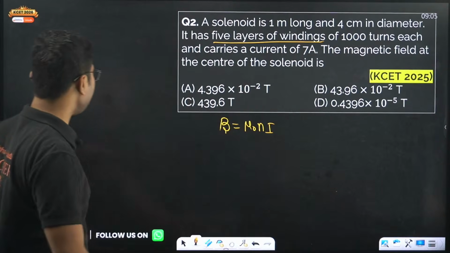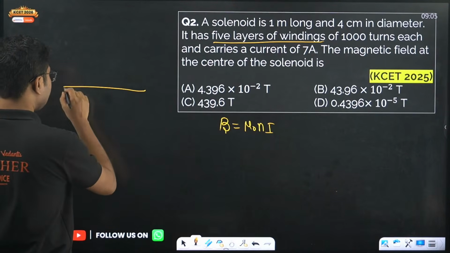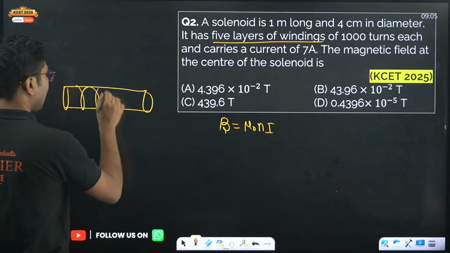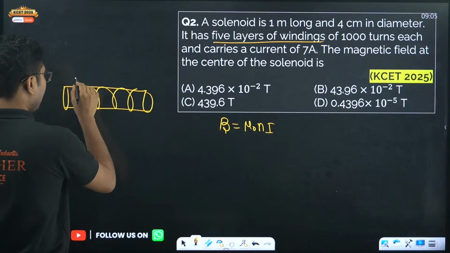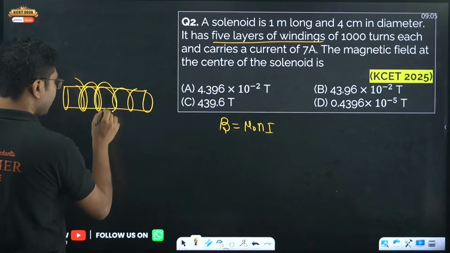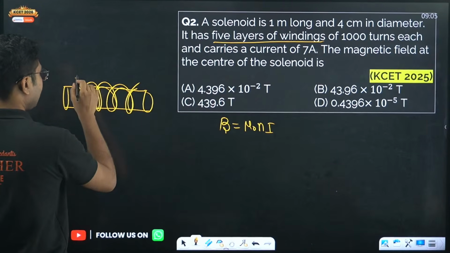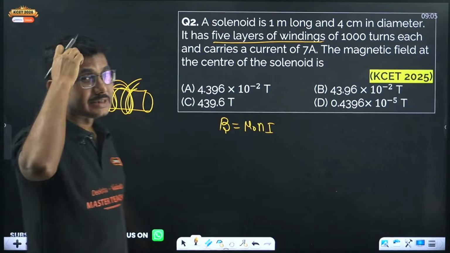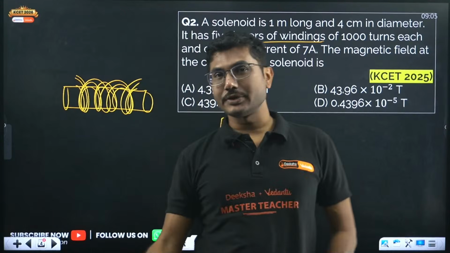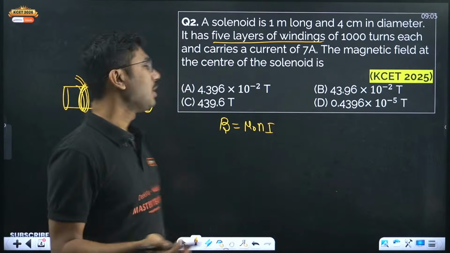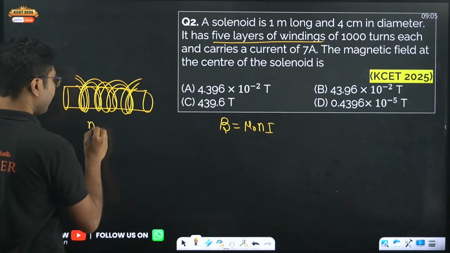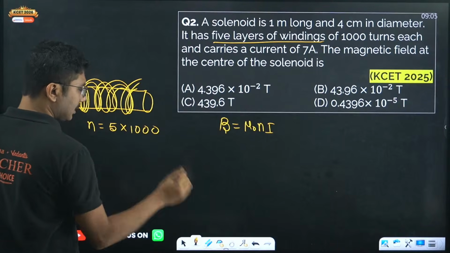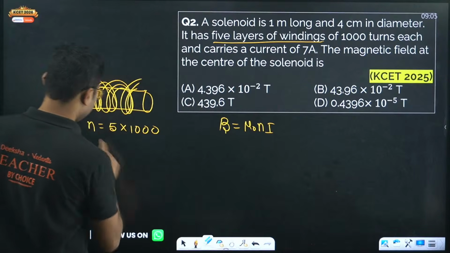This is a language jargon that you have to understand. 1 layer means this is 1 layer. 2 layers means another layer on top of it. 3 layers means another layer on top of it. So 5 layers means each layer has 1000 turns, so the total number of turns is 5 into 1000.